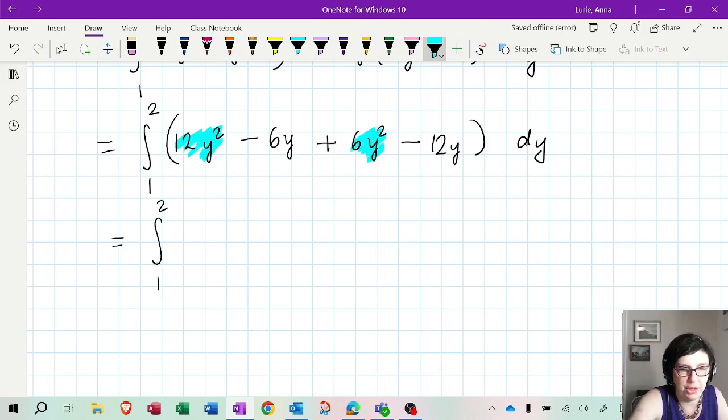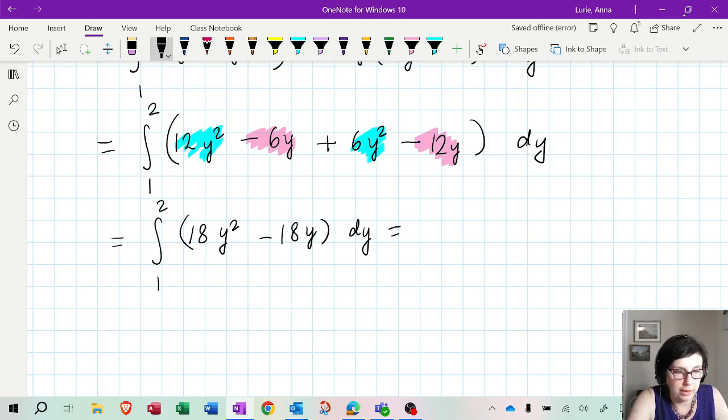So here I've got these two terms that I can combine, and I also have these two terms that I can also combine. All right, so this is going to become 18y squared minus 18y. Now I cannot combine anything because y squared and y are not the same. This is like apples and oranges. You cannot combine. Now you are finally ready to integrate the inside.